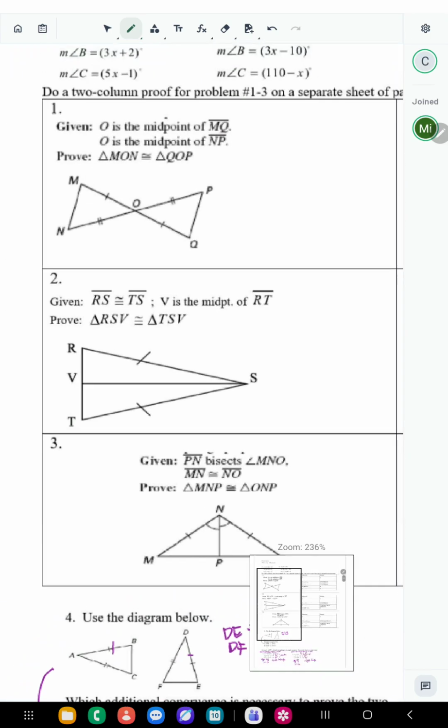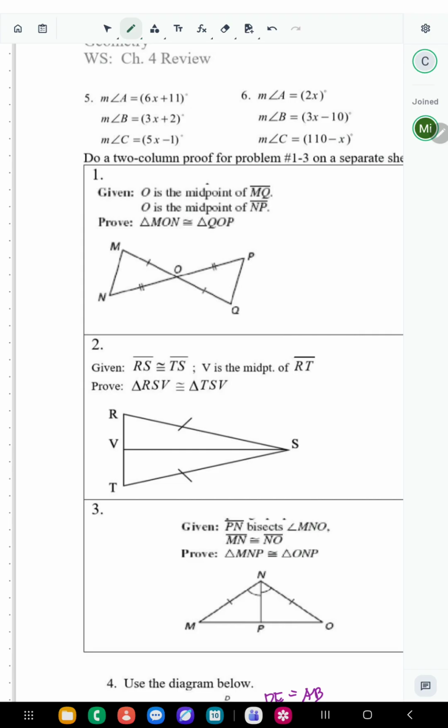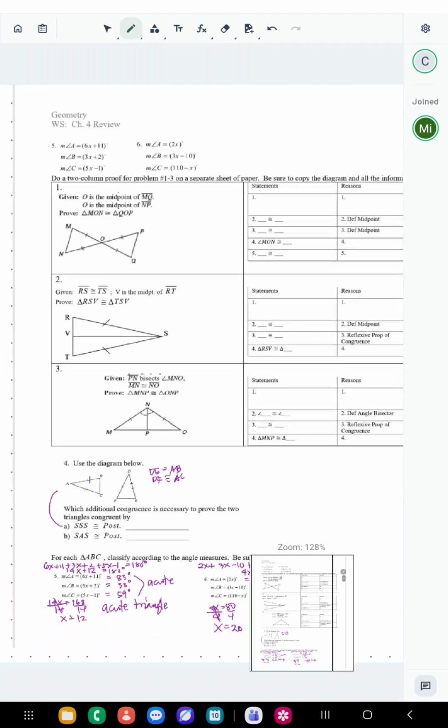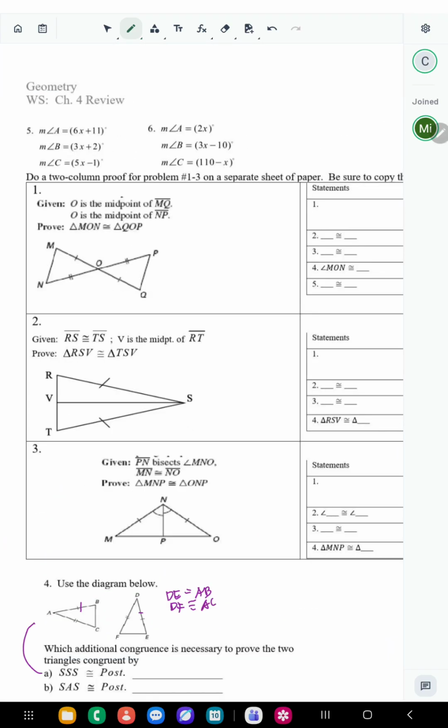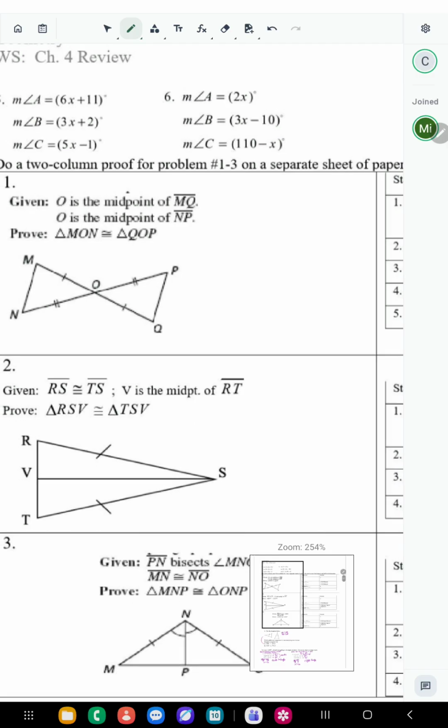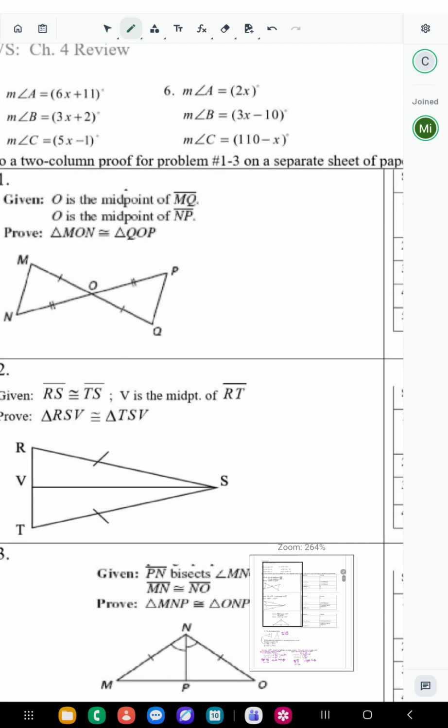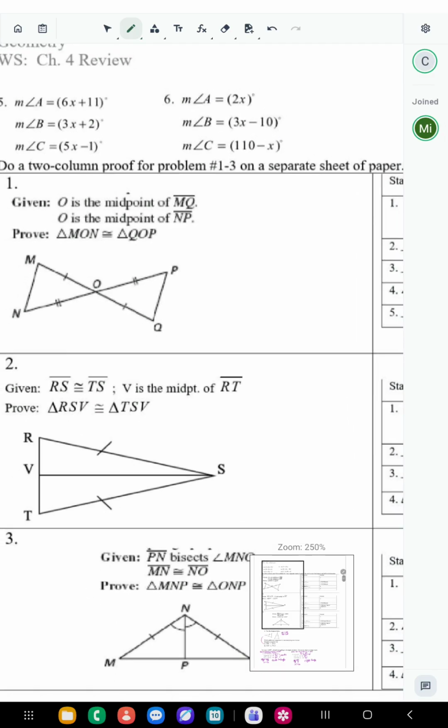The other problems, let me check them. The rest are proofs. Given O is the midpoint of MQ, and O is the midpoint of NP.